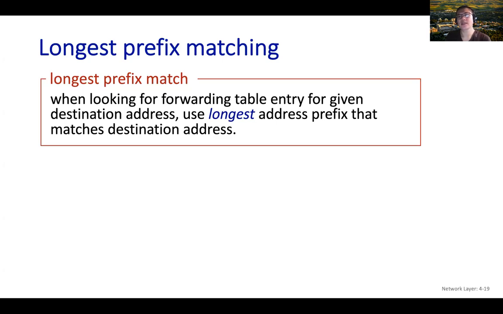Everyone here should know the prefix, right? The longest prefix match means that when you do a match, you try to find the longest address prefix, because you could have several matches, right? But you should pick the longest one. This is what the algorithm describes.